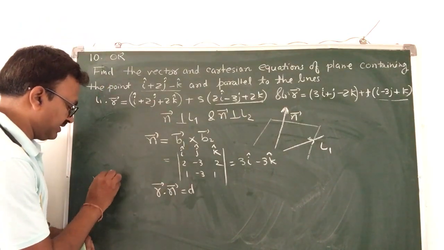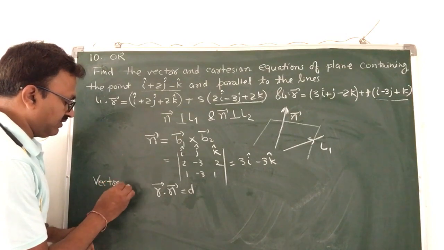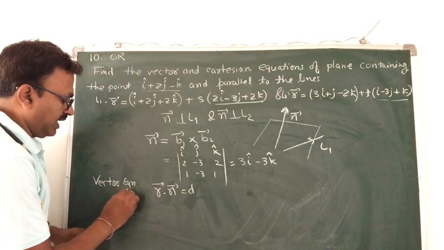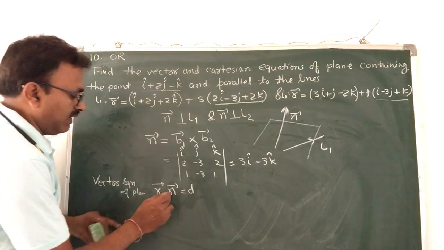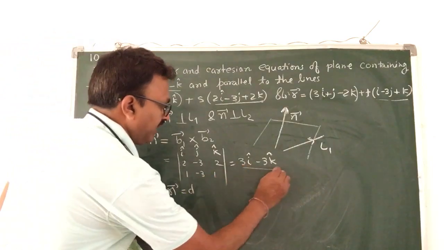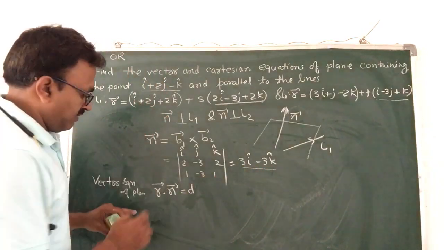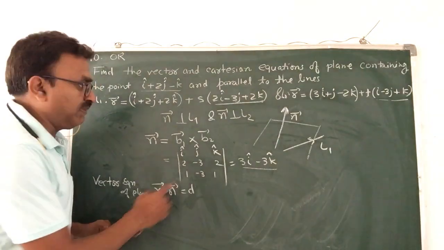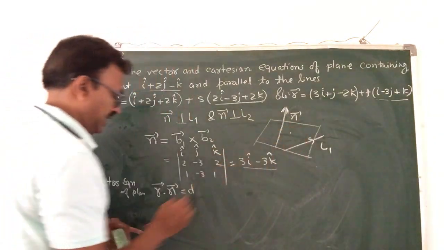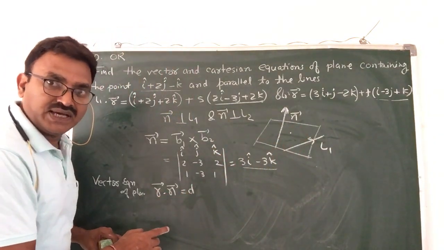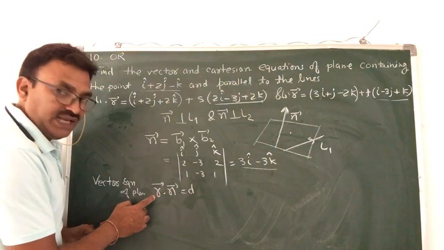First we will write it. Vector n we have already found, vector r is any point of the plane, and d is a constant, which we can find if we know any one point.